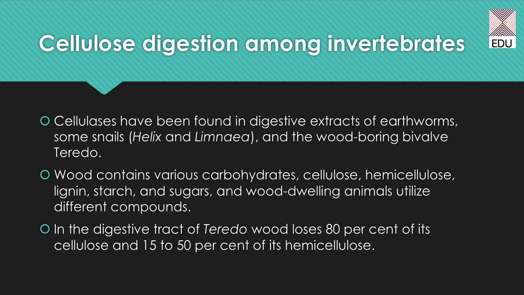This is a very important thing to know: whether the body is making cellulase, or they have some symbionts or symbiotic microorganisms which make cellulase for them, as we have seen in the case of ruminants. That was a case of mutualism, a mutualistic cooperation going on in ruminants. So we have to study it in invertebrates also.